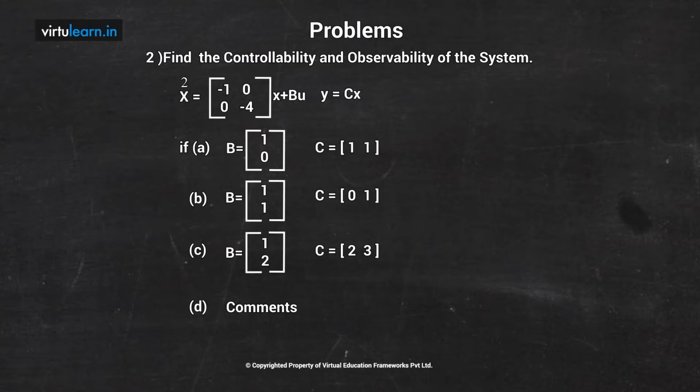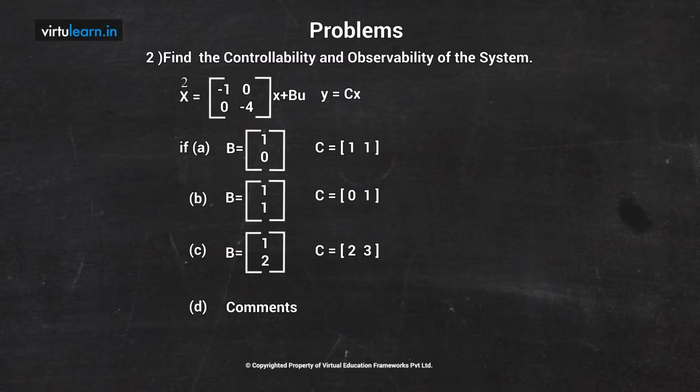Part B: if B is [1; 1] and C is [0, 1], obtain the controllability and observability of the system. Part C: B is [1; 2] and C is [2, 3], obtain the controllability and observability of the system. Part D: comment on the above results.